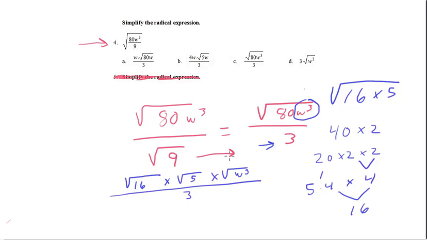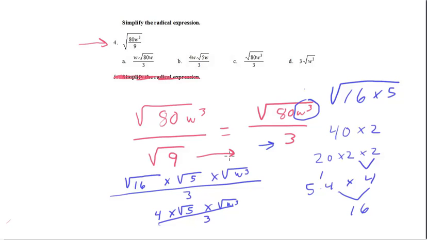So now what can I do? Well, the square root of 16 is 4. So we got 4 times the square root of 5 times the square root of w cubed over 3.